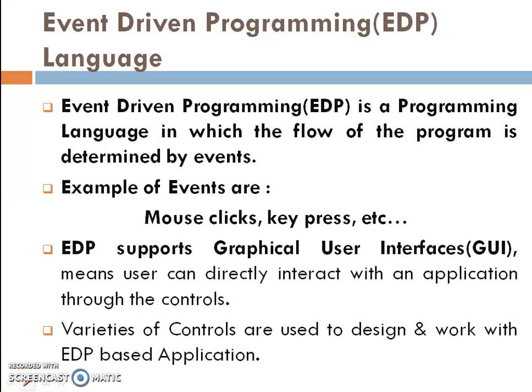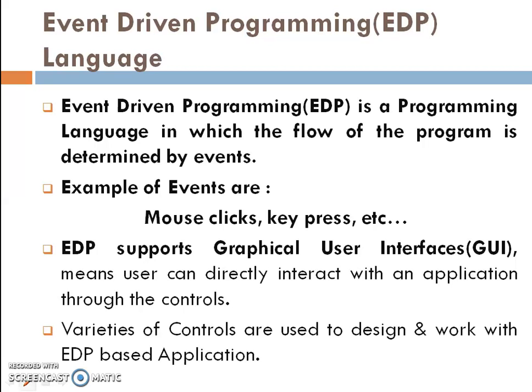Then we discuss event-driven programming language. Event-driven programming language is a programming language in which the flow of the program is determined by event. Example of event are mouse click, keyboard press, etc. Now, EDP support graphical user interface GUI.